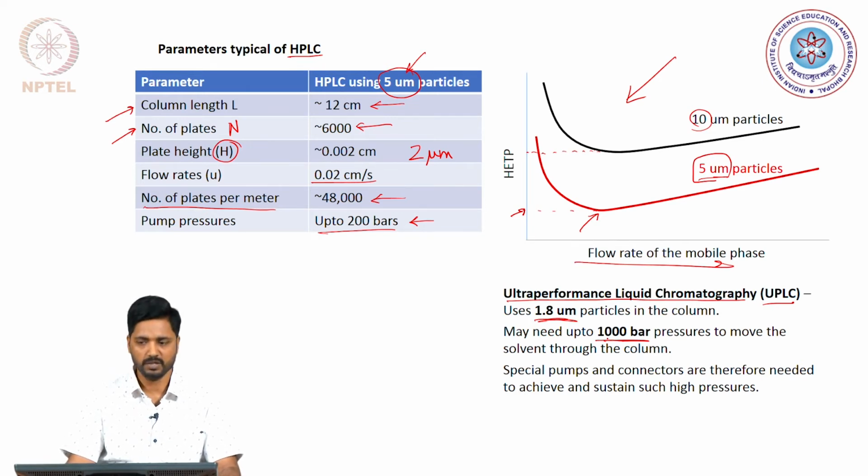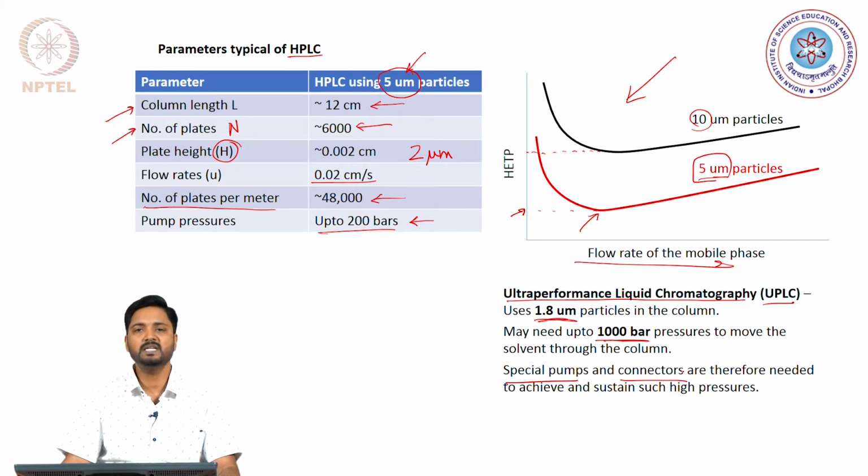This is not trivial, because now the pump has to be of the appropriate rating, so that it can actually consistently pump at say 1000 bar pressures, and you also require special connectors that will connect the tubings and the column with the detector and the sample injector.